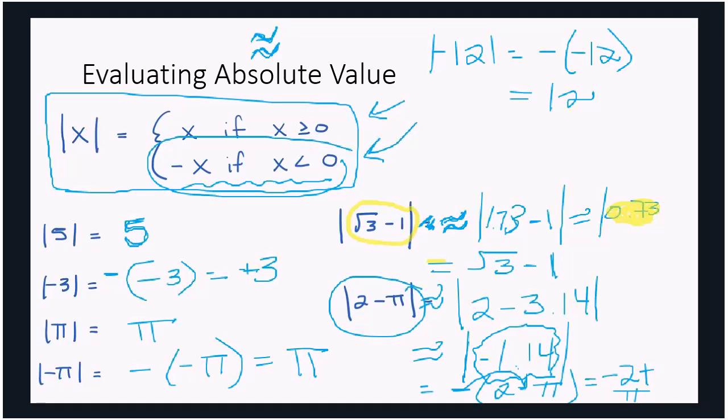If it is a positive number, then you can just keep that as your absolute value answer. If it is approximately equal to a negative number, then when you evaluate the absolute value, you're going to put a negative sign in front of the expression, and that's going to change the signs for everything in the expression.